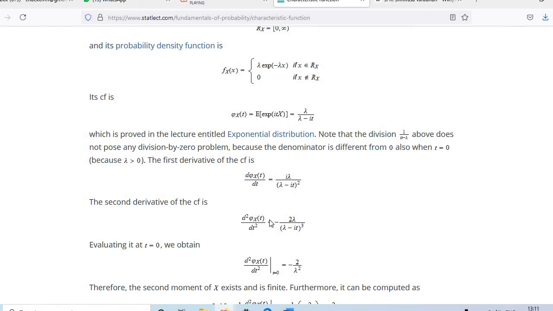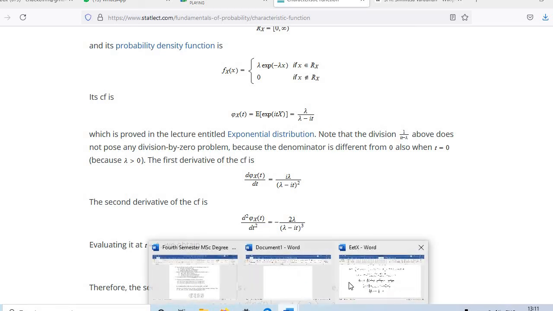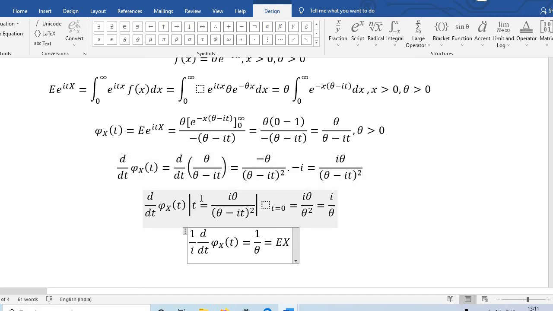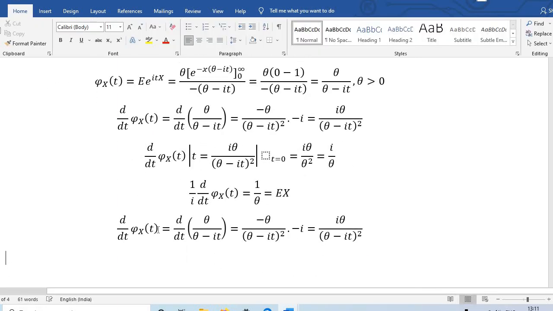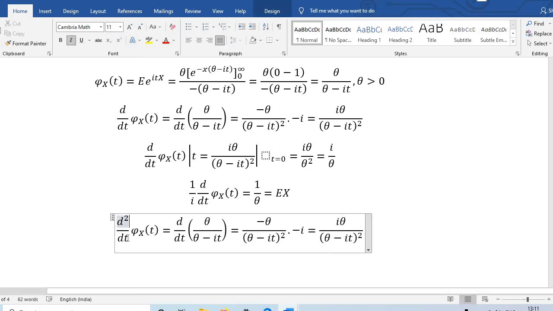Similarly, the second derivative. What will be the second derivative? You can take the first derivative and differentiate with respect to t. That is d by dt of the first derivative.